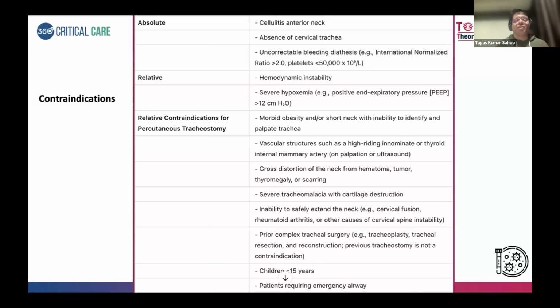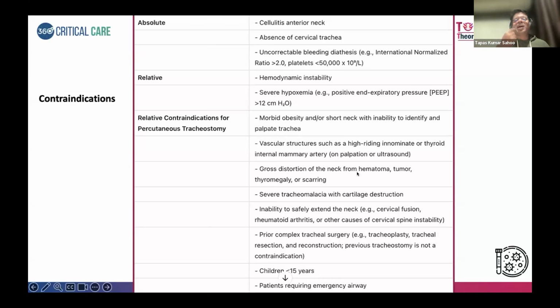That also you need to remember, because the next part would be the types of tracheostomy. In that, we'll be discussing the open tracheostomy and percutaneous tracheostomy. Now, relative contraindications for percutaneous tracheostomy are morbid obesity, short neck with inability to identify and palpate the trachea. This is relative. I'm not saying absolute.